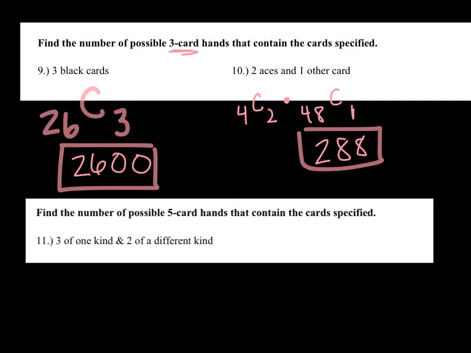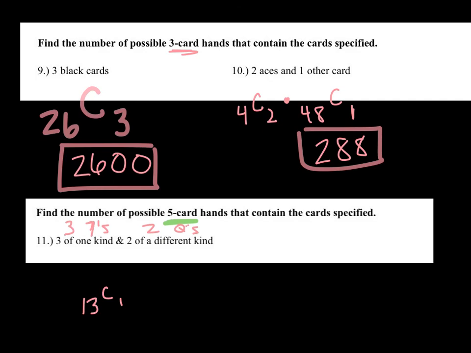Find the number of possible 5 card hands that have 3 of one kind and 2 of a different kind. 3 of one kind could be, say, 3 sevens, and then 2, say, queens. That's what of a kind means. Since it didn't specify what you're choosing from, we're going to choose 1 of the 13 card values in the deck, ace through king.